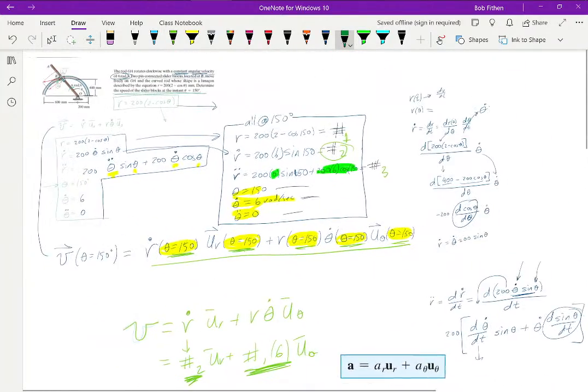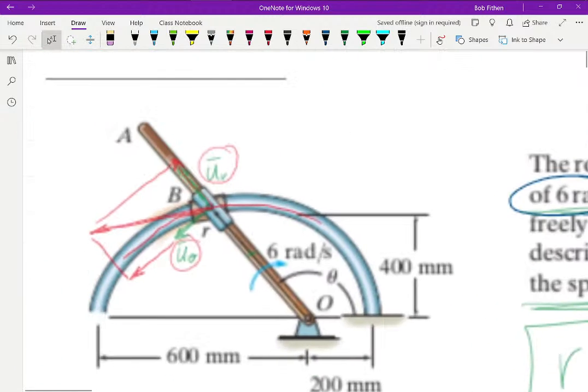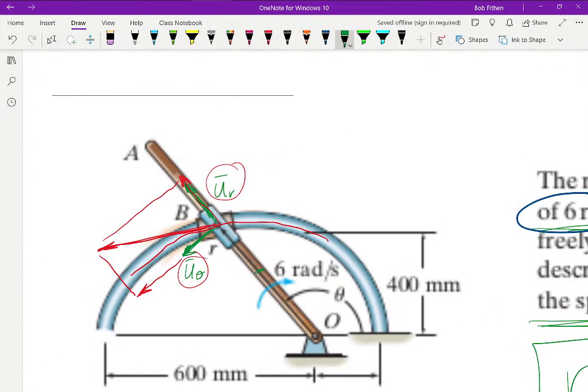There is exact tangency here, in that this vector right here has to be tangent to the path that it's taking. And that's pretty much it.